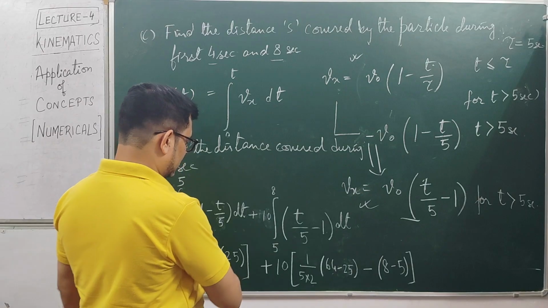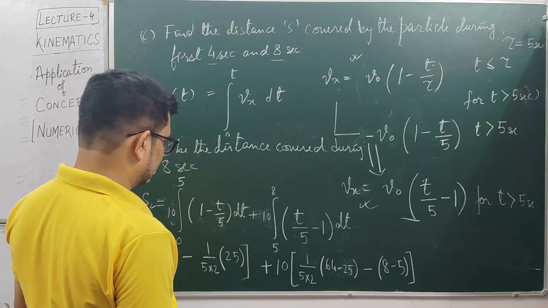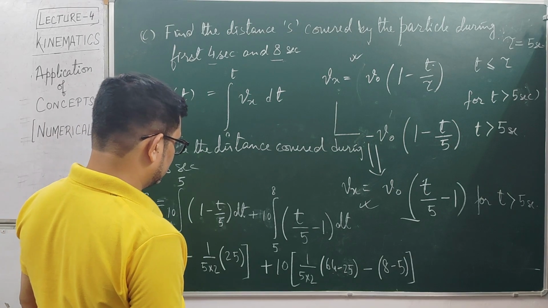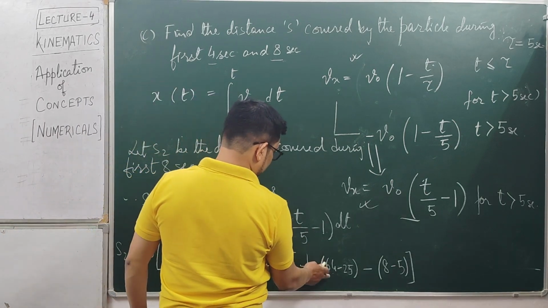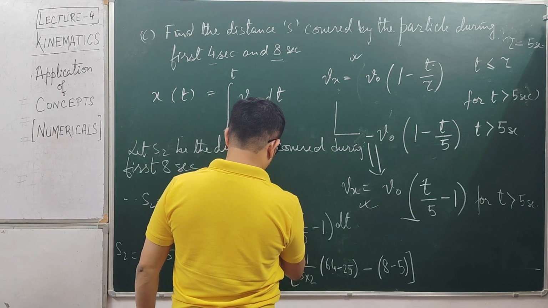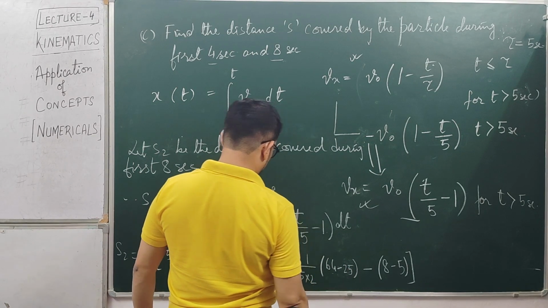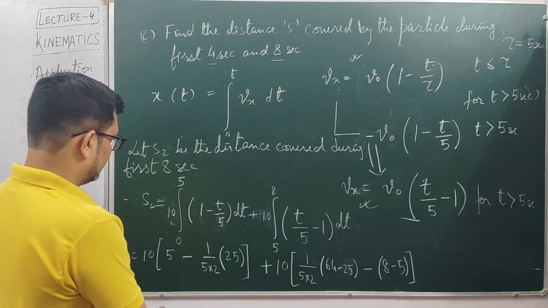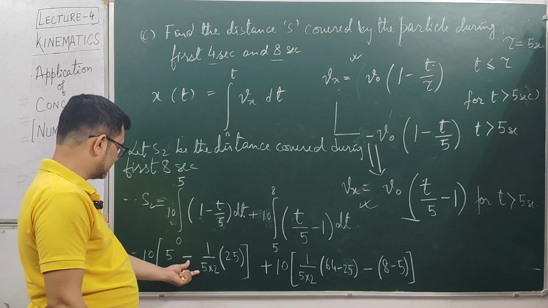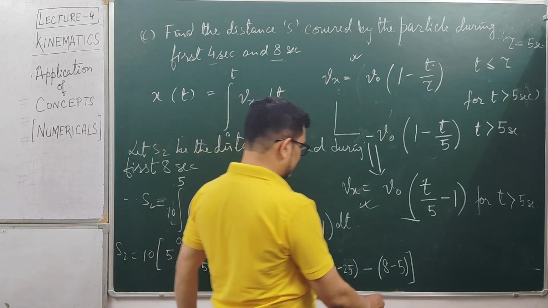All right. So it's going to be quite interesting that this t squared, 64 minus 25, is coming out here for this 5 to 8, for more than 8, and here it comes out to be 5 minus this. So let's evaluate this.